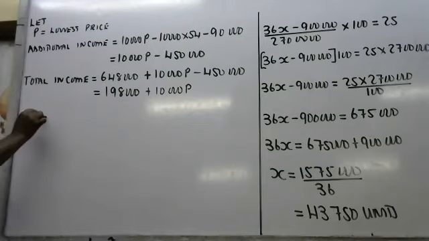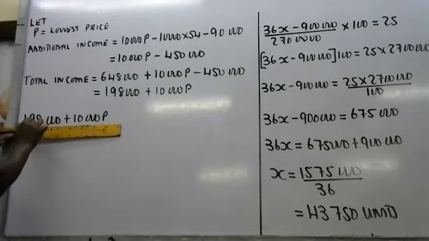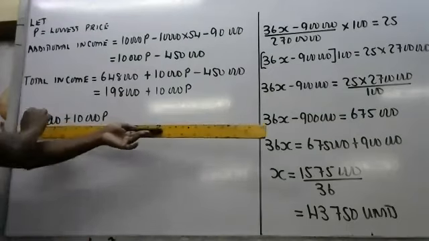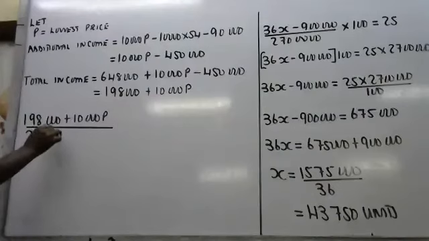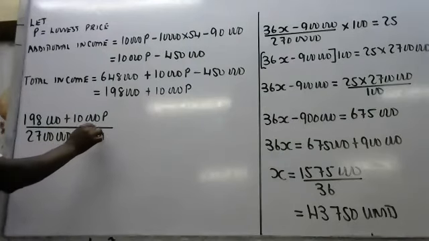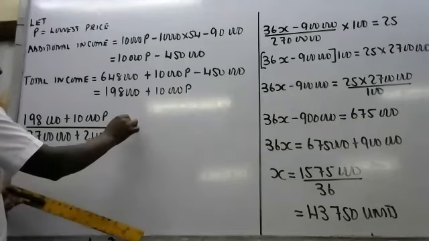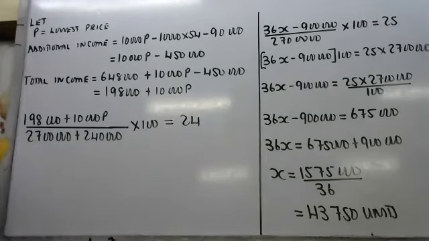So this 198,000 plus 10,000 P, you divide by the new investment. The current investment is 2.7 billion, but we are going to bring a new investment of 240. So this one, you multiply by 100, you get the current return on investment, 24.